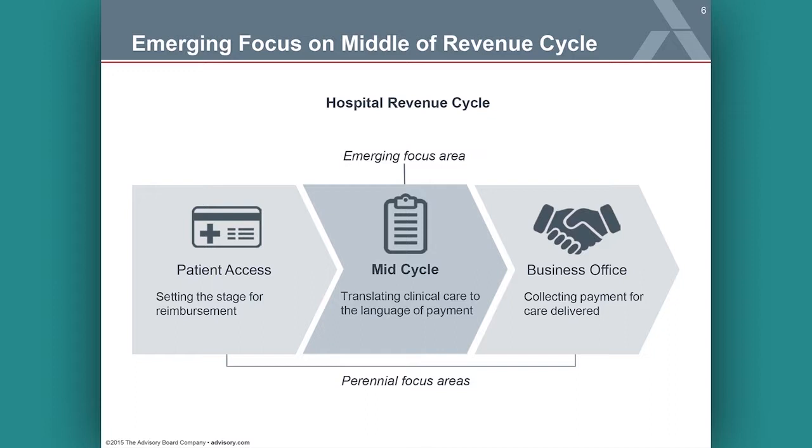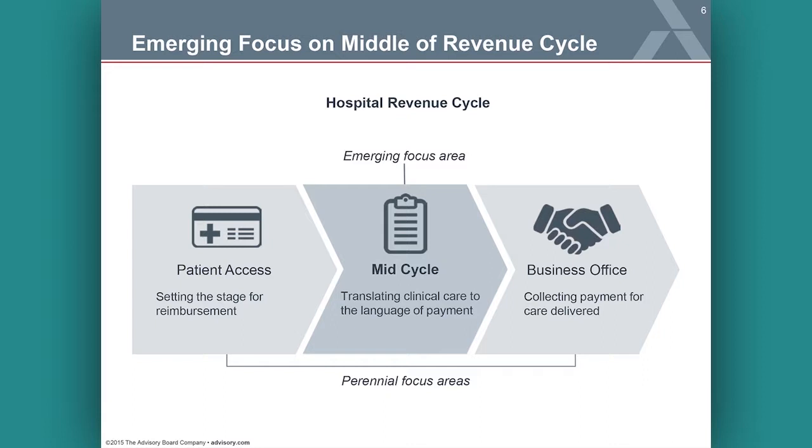The first is that largely there are systems and processes in place that exist within patient access and business office to measure the impact that your efforts are having far more accurately and discreetly than currently exist in the mid-cycle. And so as our chief revenue officers are being held accountable to certain metrics and outcomes related to revenues at their organizations, mid-cycle is one of those areas that we frequently hear they're scratching their heads on, how are we doing? So that's the first thing.